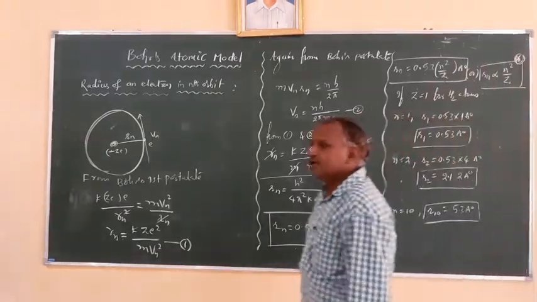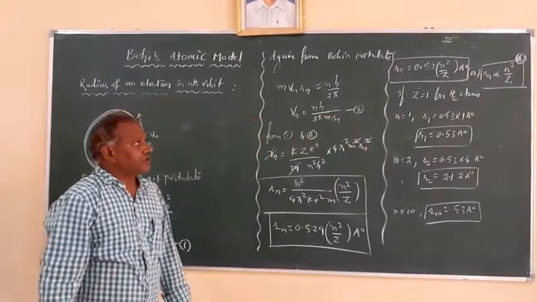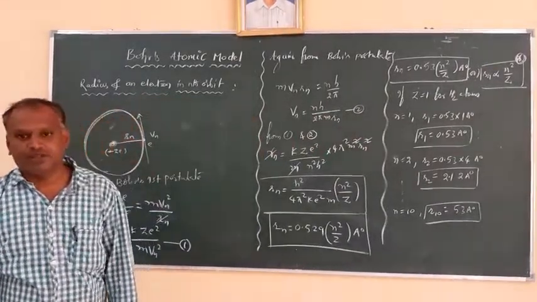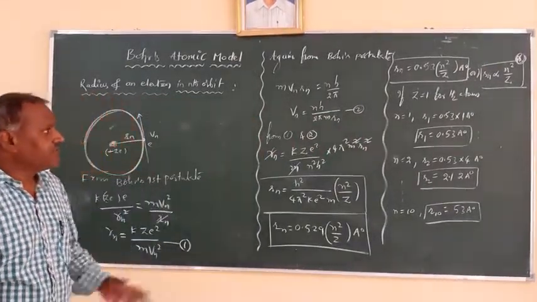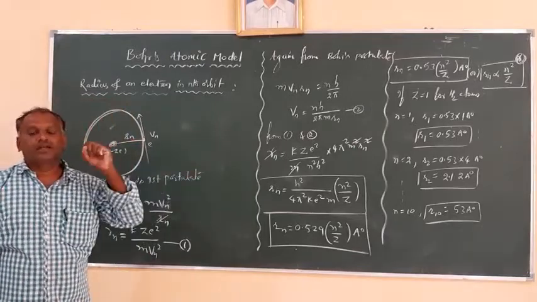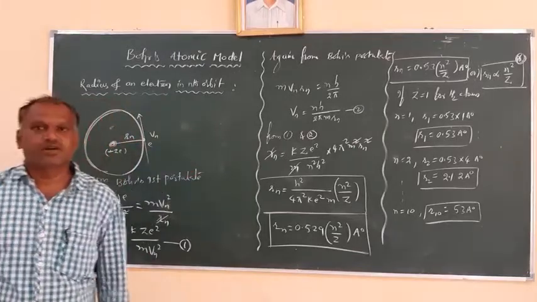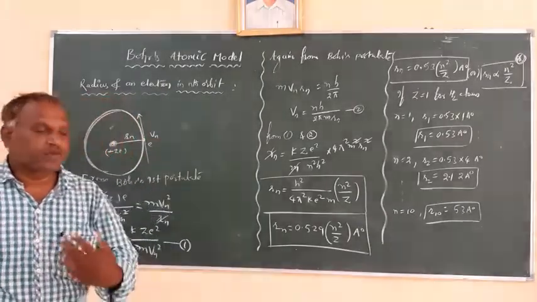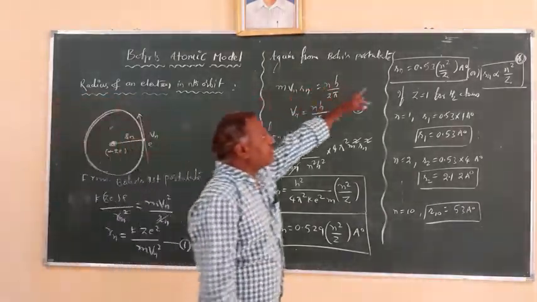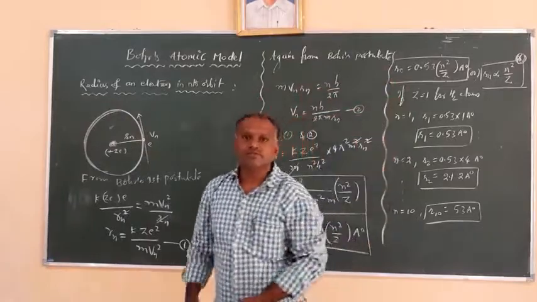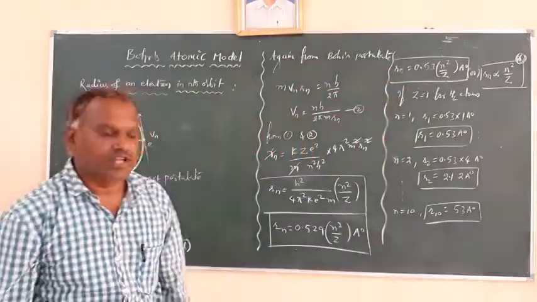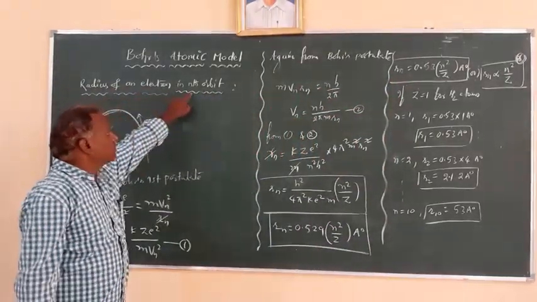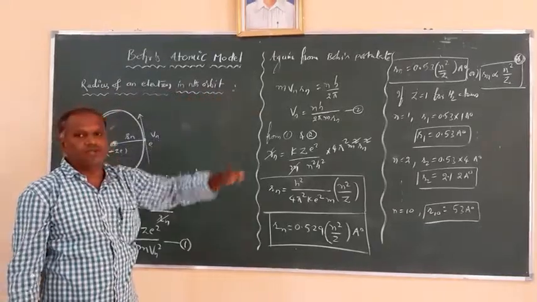So in this way we can calculate the distance or the radius of an electron located in any orbit. With respect to this equation we get one of the equations, that is the radius of an electron in the nth orbit.